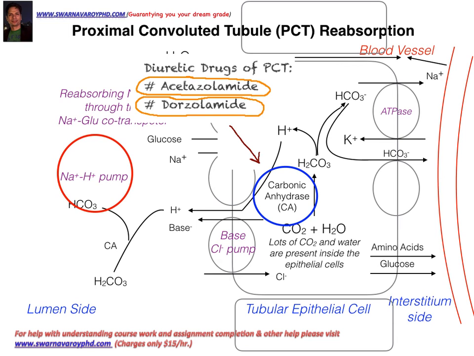And if hydrogen does not leave, the sodium is not absorbed. So eventually, once you block carbonic anhydrase, there is accumulation, a gathering of sodium ion in the lumen side. You're not letting sodium ion inside because you're blocking the exit of hydrogen ion because you're blocking CA.